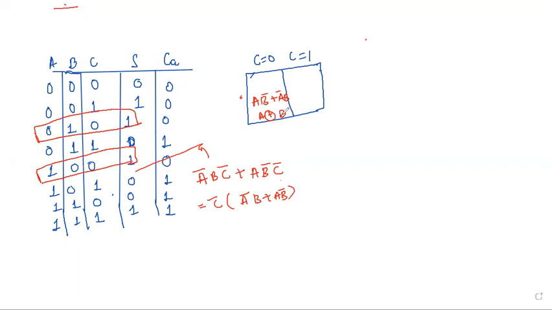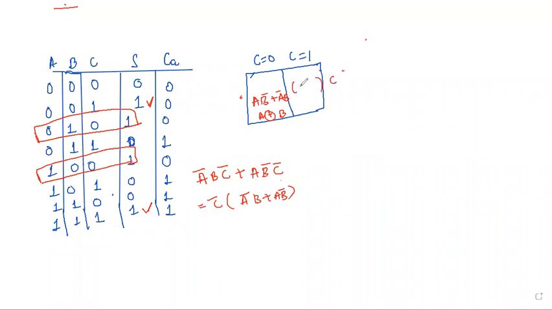Okay. Next, coming to when C is 1 and the sum is high. Then we have another two terms. This is the last row, and this is the next row. So again, if we see the terms in this case, what are the terms when C is 1? We take C as common.